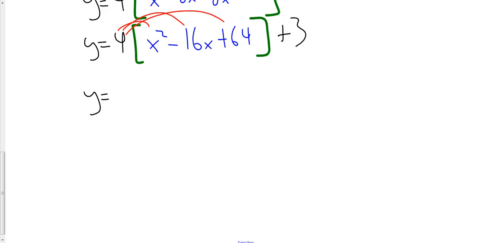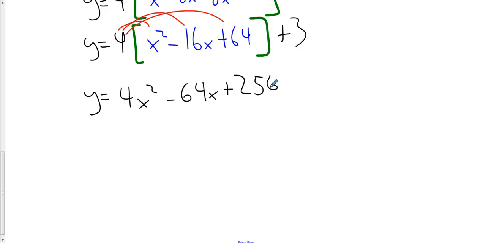When I multiply through all of those things, I'm going to end up with 4x squared, and then negative 16 times 4 is equal to negative 64x. Then positive 4 times positive 64 is going to equal 256.